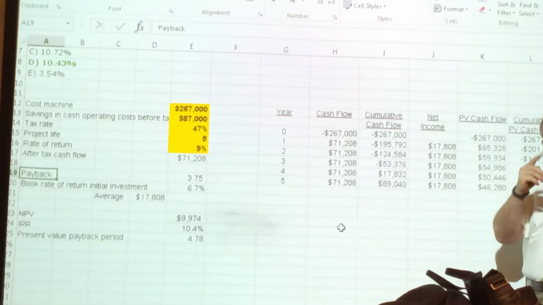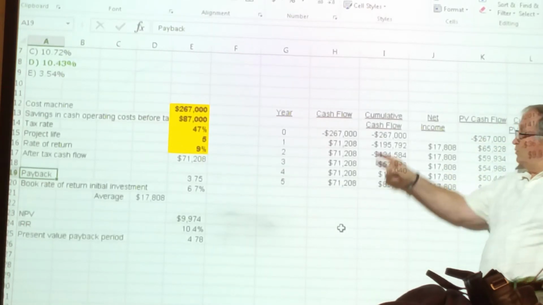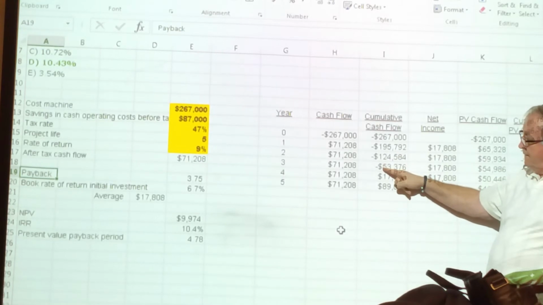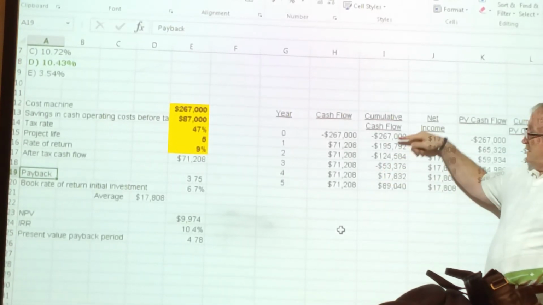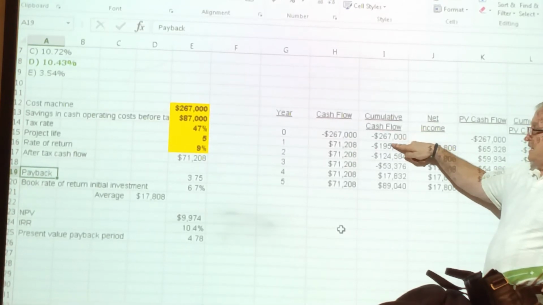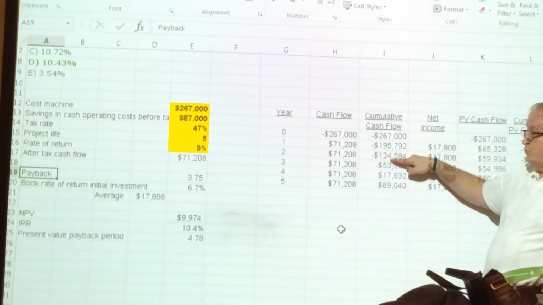If you're doing payback in your head or on a calculator, that's what you would have done. You would have gone down here until you saw the negative going to positive. So that gives me how many years, excluding year 0? 1, 2, 3.